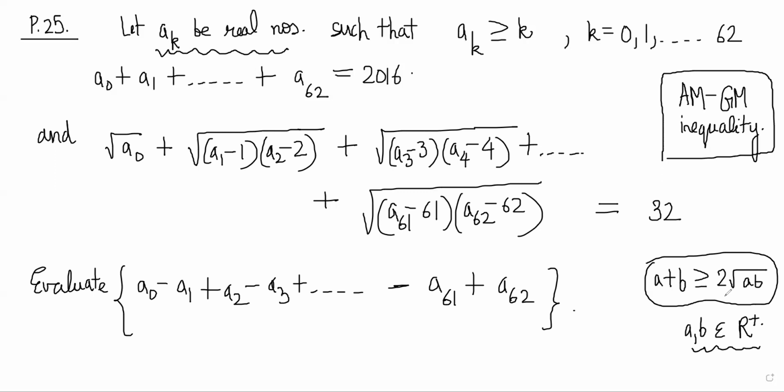If we substitute a0 by some x0 plus 0, similarly a_k to be x_k plus the coefficient, then we get the sum of initial 62 natural numbers, which is 1953, and by the symmetry I got that.